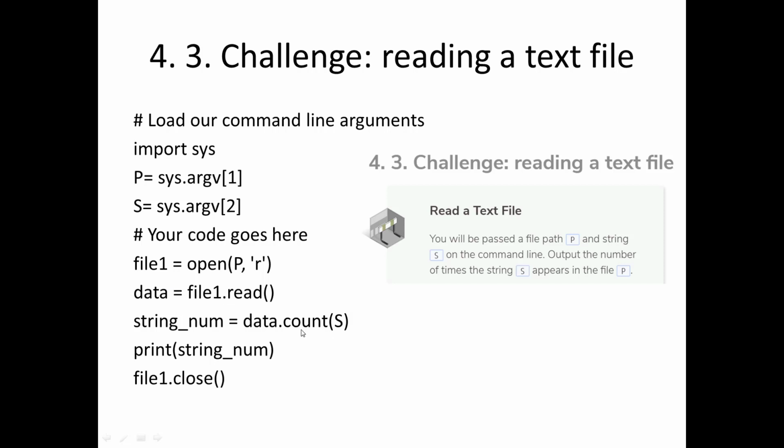Now we can use the count method of data to count the number of times this string appears in data. And that count we're going to put in a variable called string num. Then we're going to print string num, and we're going to close our file. We're going to use the close method of this file object.